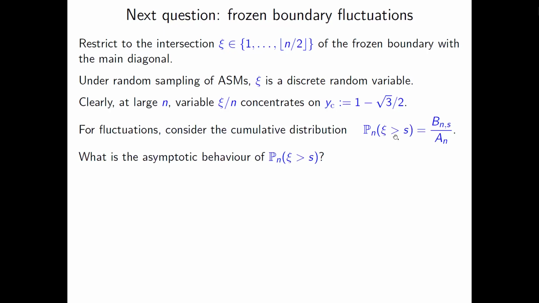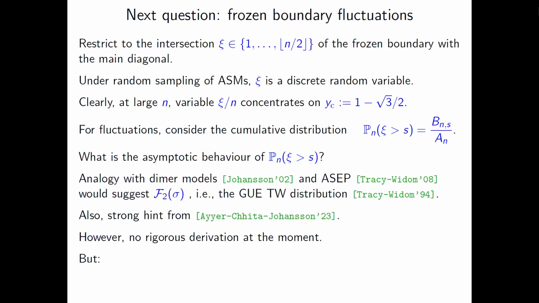This PNS of psi, the probability of having psi larger than S, will be of course around 1 when S is very small, close to the corner, and it will drop to 0 as soon as you enter the disordered region. Of course, in the infinite limit, it will be just a stepwise behavior. But now we are interested in the fluctuation, that is in the profile. Is this profile Tracy Widom or normal distribution or what?